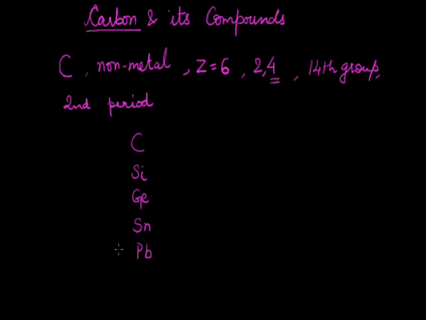So that is why it becomes very essential for us to know the nature of this element, the nature of the compounds of this element, and the various other aspects about it. The compounds of carbon are referred to as organic compounds.